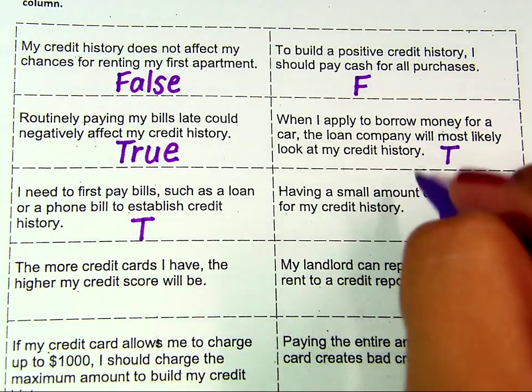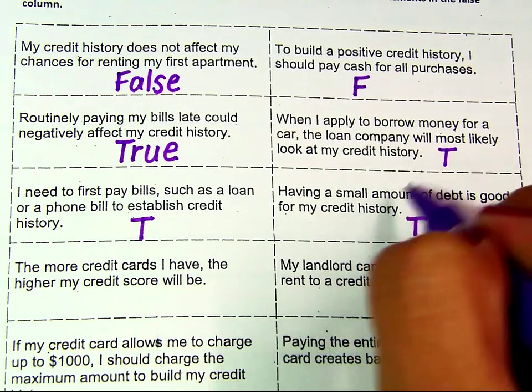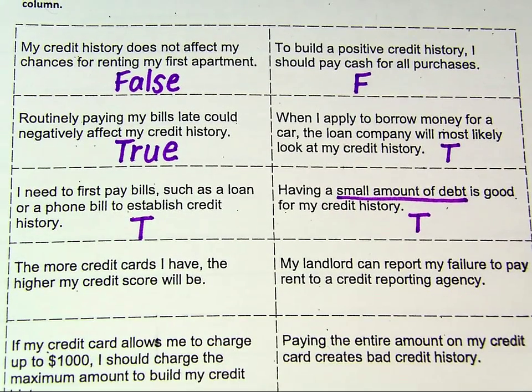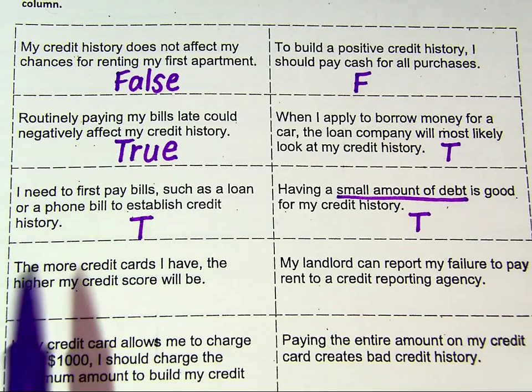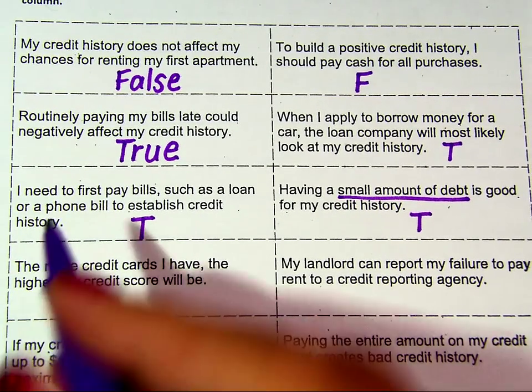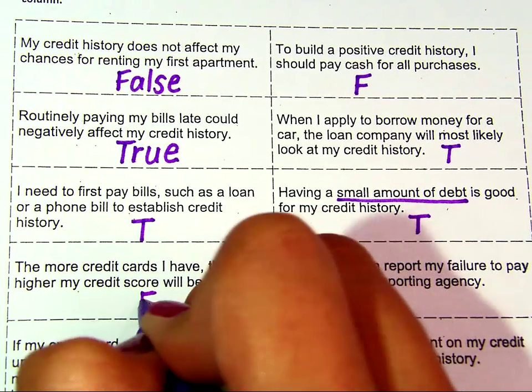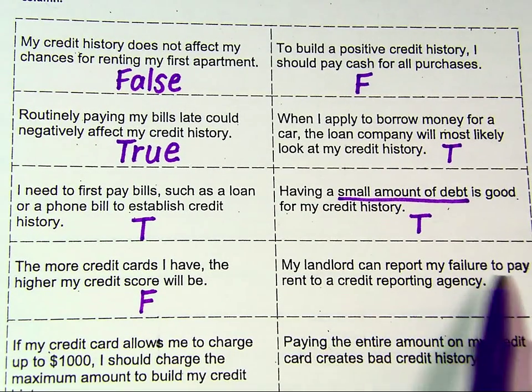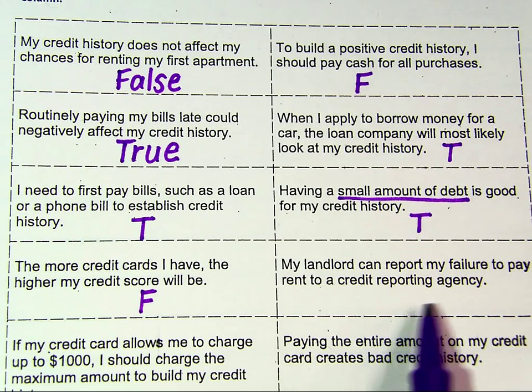True. The key part here is a small amount of debt. The more credit cards I have, the higher my credit score will be. That's false. My landlord can report my failure to pay rent to a credit reporting agency. That is true.